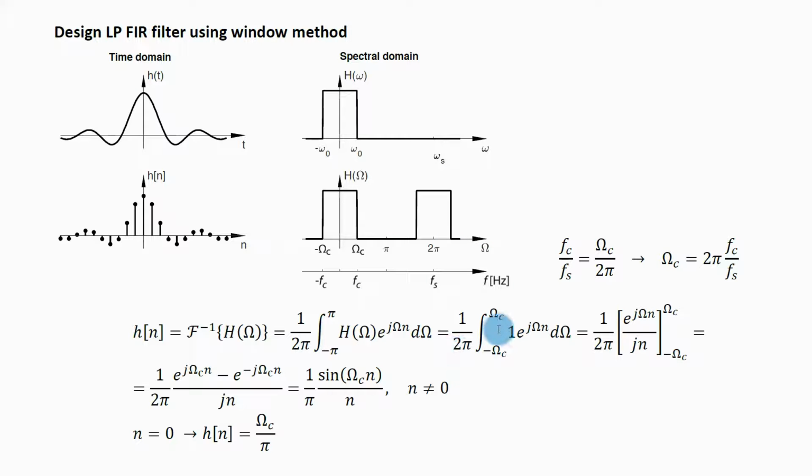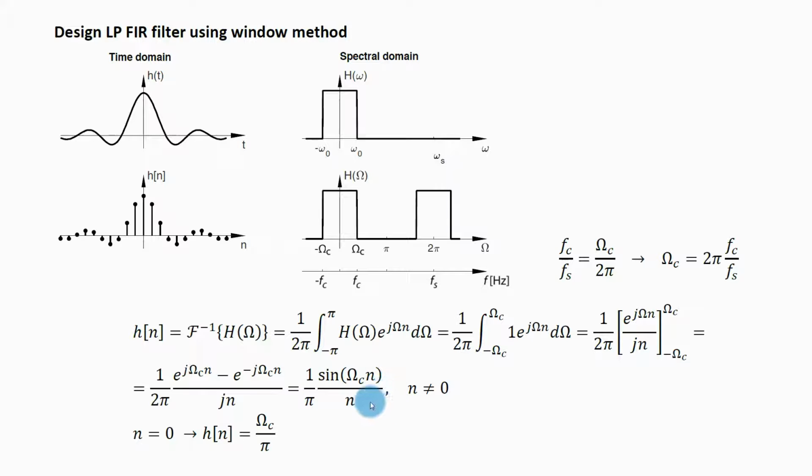And here I evaluate that integral. I need to integrate only from here to here, and I will be integrating 1. That is here. When I do the integration, I get this. When I substitute, I get this. And when I simplify, I get this.